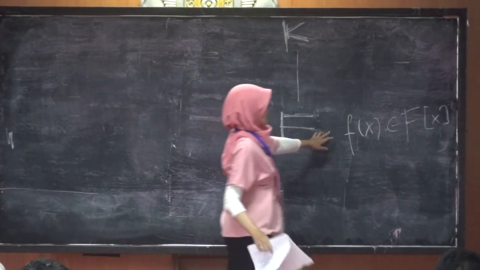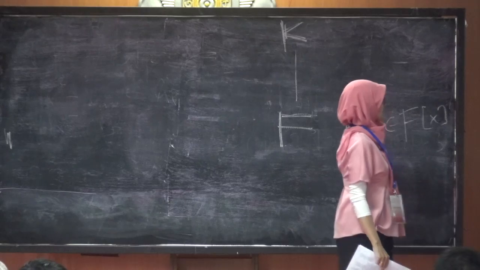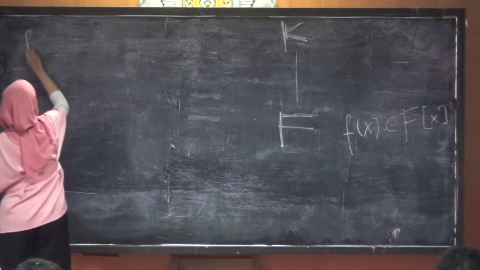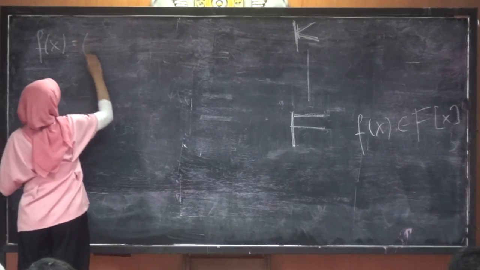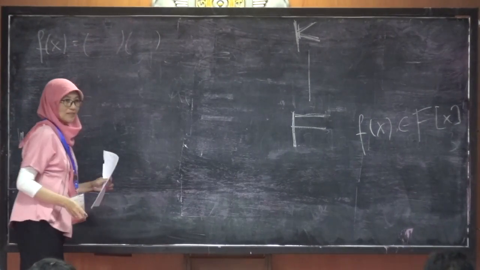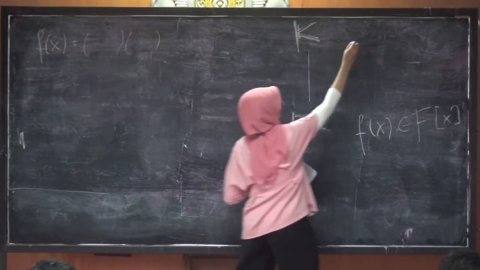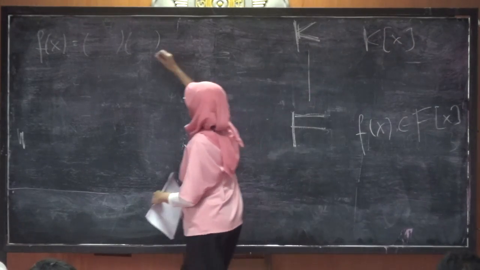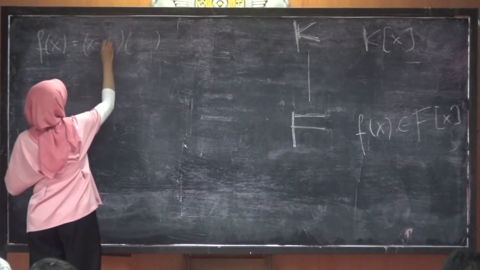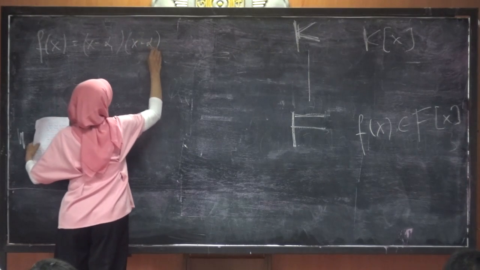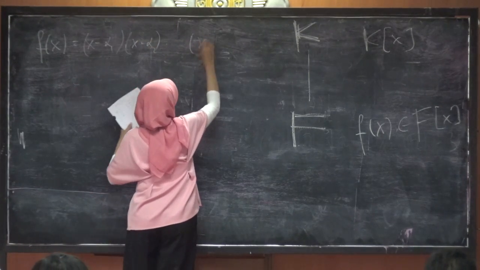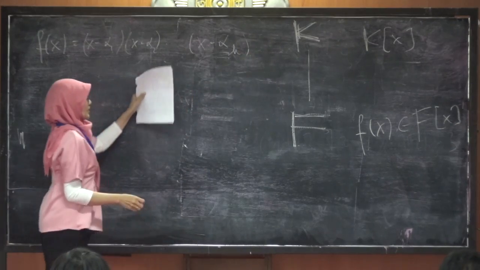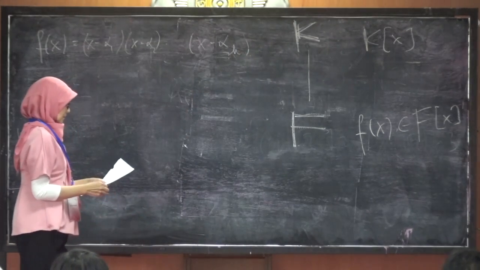Now, f(x), what is the meaning of factors completely into linear factors in K[x]? It means this f(x) can be factored into linear factors, but in K[x]. For example, x minus alpha 1, alpha 2, and so on, alpha k, for example. This is in K[x].